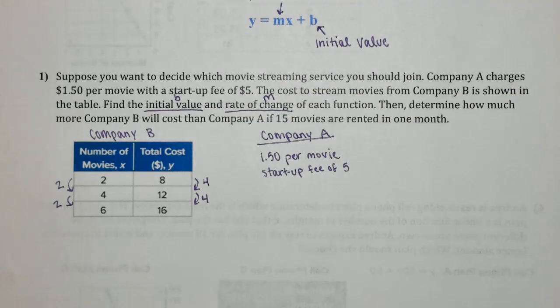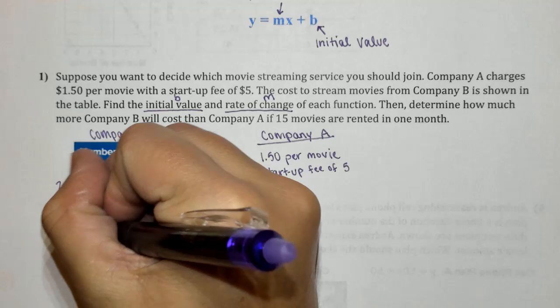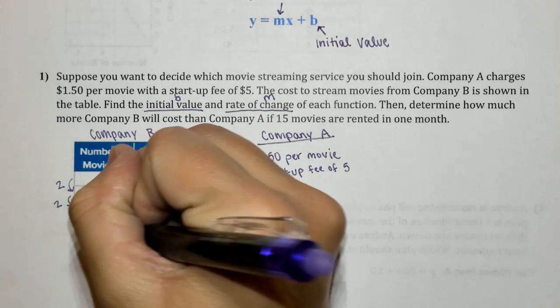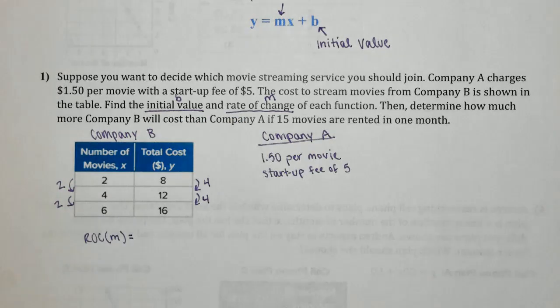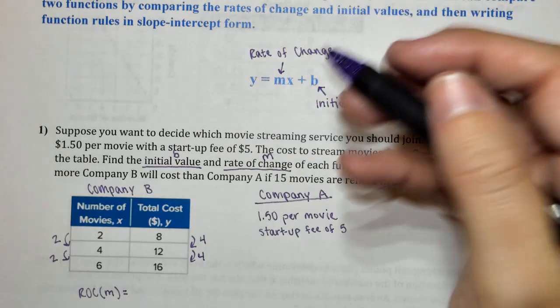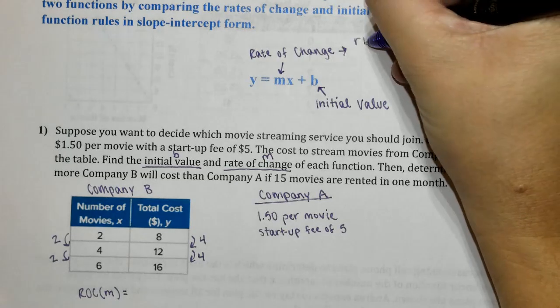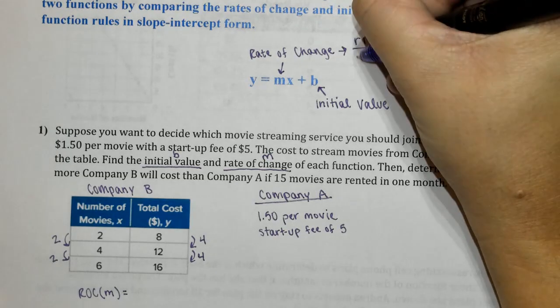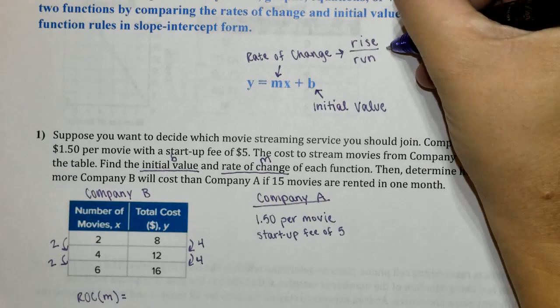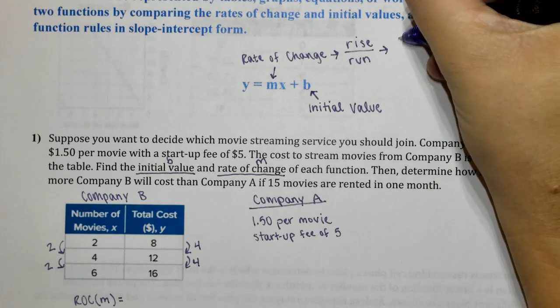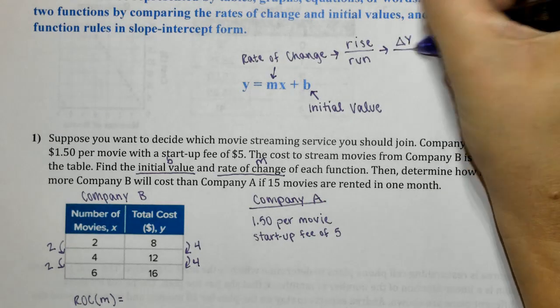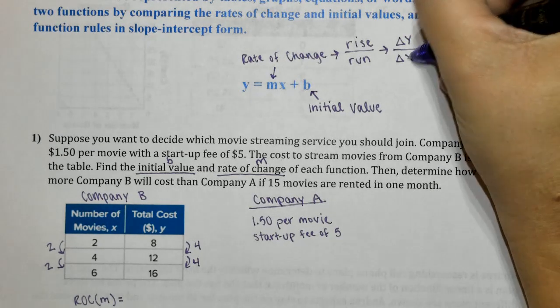Now remember that our rate of change is m. If I think back to what we did last module, I'm going to write this up here with rate of change: rise over run, also the change in y over the change in x.